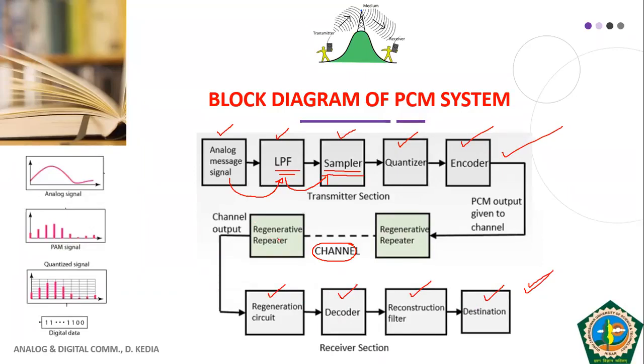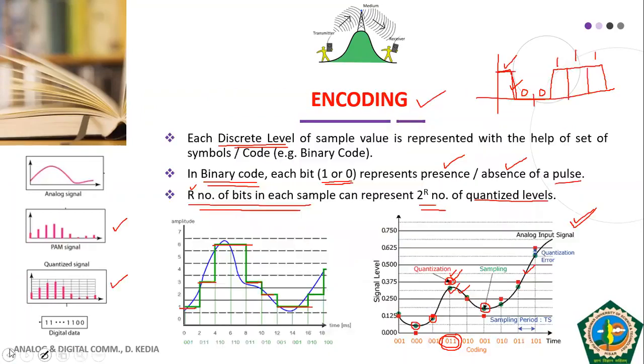Another advantage of the PCM system is the use of repeaters. In a digital communication system, we can use repeaters. What is the job of the repeater? The job of the repeater is to regenerate the signal. In case of PCM, we know that the levels of the pulses are fixed.